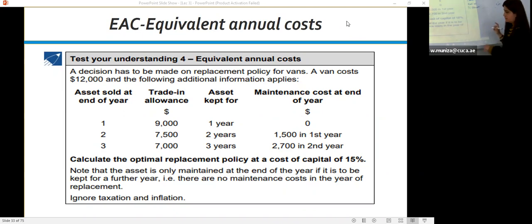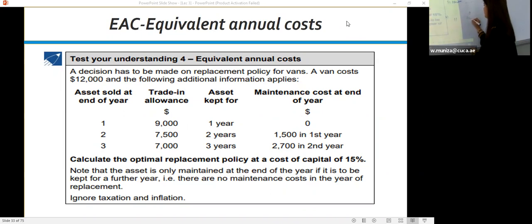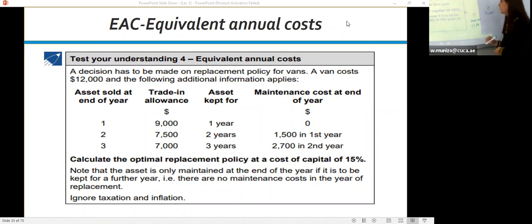This is for your strategy number 1. For strategy number 2, years 0, 1, 2, the initial investment remains the same, 12,000. Maintenance cost in year 1 is 1,500. The trade-in allowance for the second year will be 7,500. So this is for the replacement strategy for 2 years.